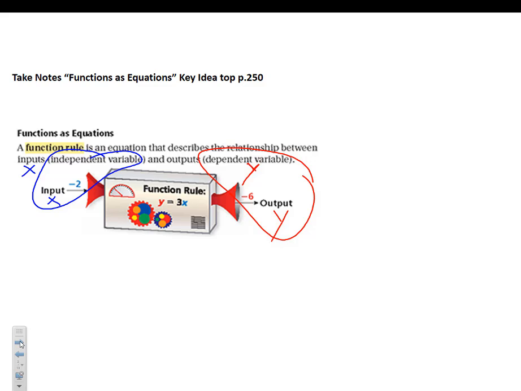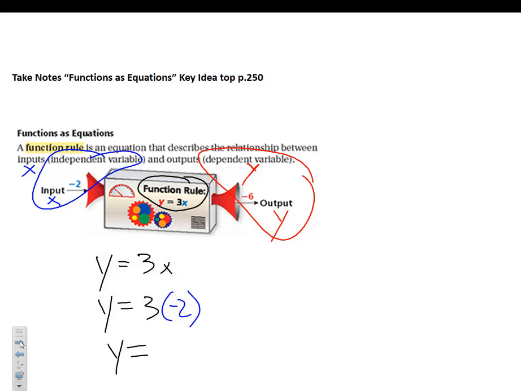So if you look at the function rule that it states here for this particular function, it wrote the equation y equals 3x. Well, it says our input is -2. So if our output y is equal to 3 times x, and we plug that in, y is equal to 3 times -2, y equals -6.